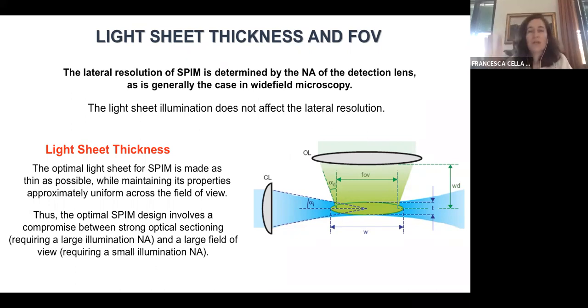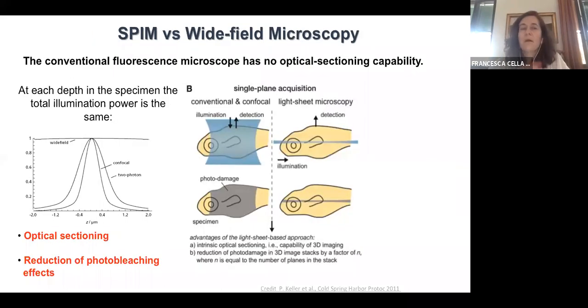This is just to give you the idea that these parameters, defined by the numerical aperture of the illumination, are quite important, and you have to think about which sample you want to image and then go for the best axial resolution, thinking also about the field of view you want to reach. One of the main advantages of light sheet microscopy is also the fact that you are confining the light.